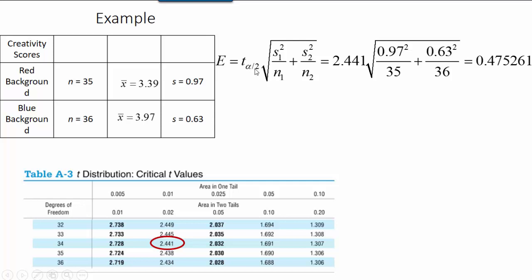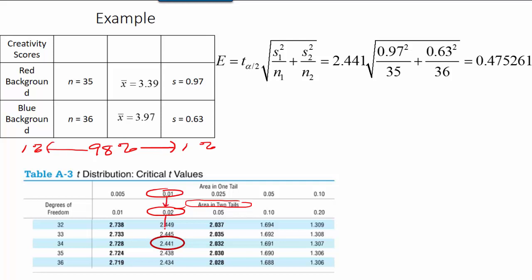Since we have a 98% confidence level, what we're saying is that we're looking at having 2% left over. You can think of it as 1% on either end. So in other words, we're thinking in terms of two tails. In two tails we have 0.02. In one tail we have 0.01, 1%.